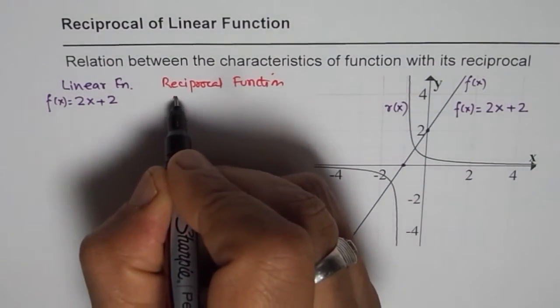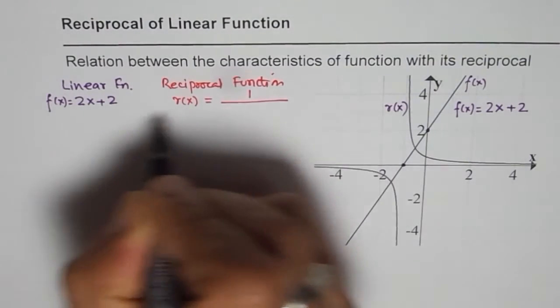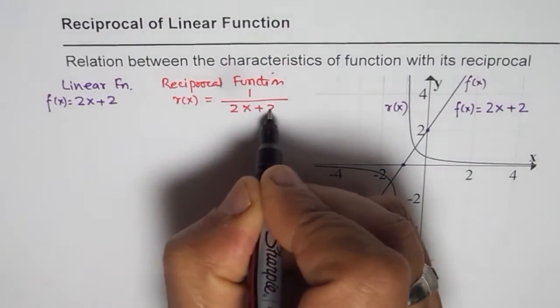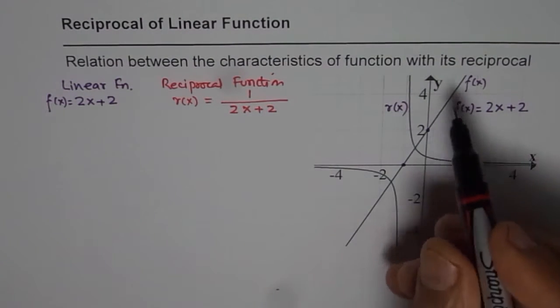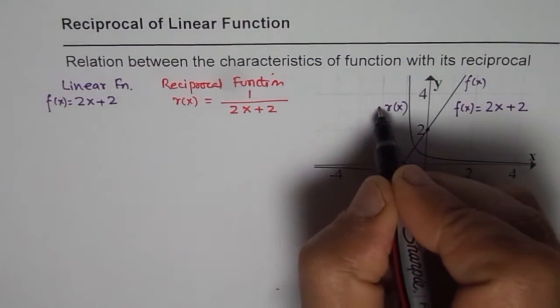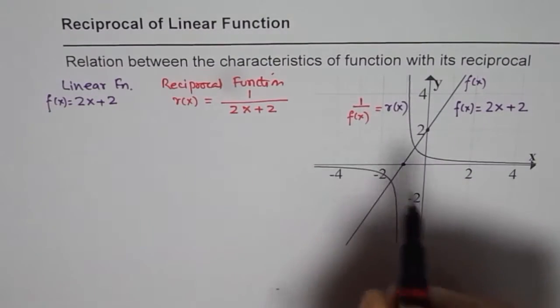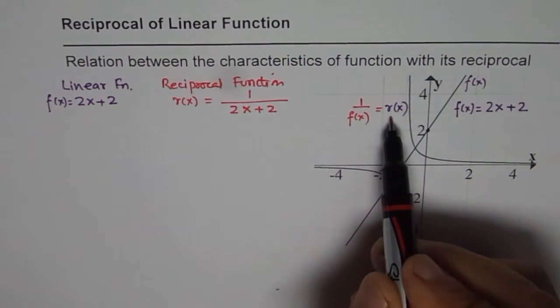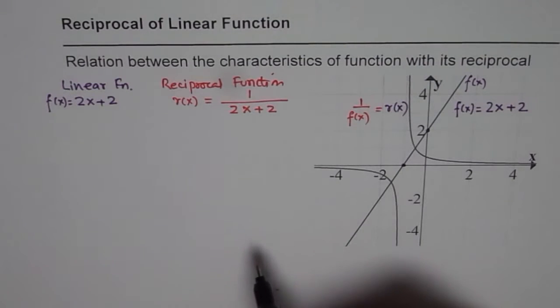So we'll call this r of x equals 1 over 2x plus 2. Correct? Reciprocal is 1 over f of x. So that becomes the reciprocal function's equation. By definition, reciprocal is 1 over the function itself.